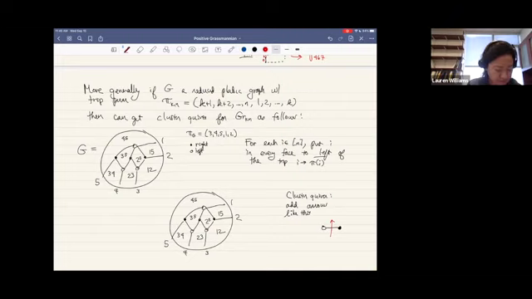So first, vertices of my quiver will correspond to faces of the plabic graph, and internal faces are mutable, and the ones at the border are frozen. So there's n frozen ones around the border.